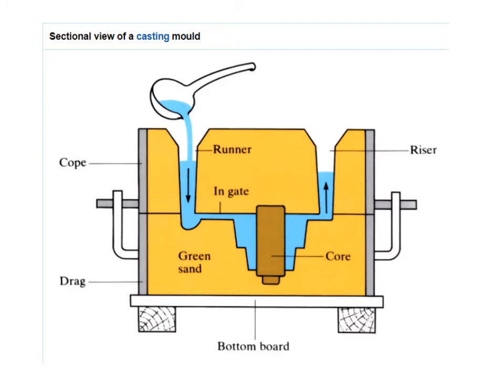This also shows a core. A core is something that you would place in your mold because you want to have an empty space. If you remember that cannon, the main part where it's going to be shooting from could have a core in there, so that when you pour it, it has a place that you would then have to finish and drill out. You'll see some examples of that in the videos.